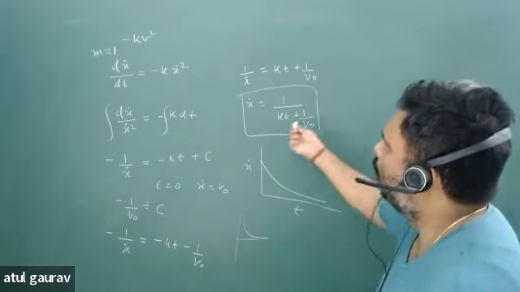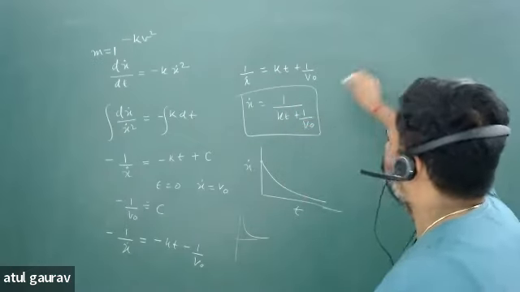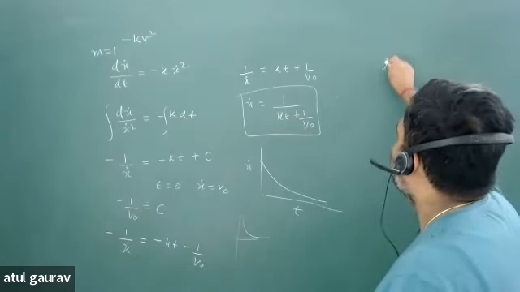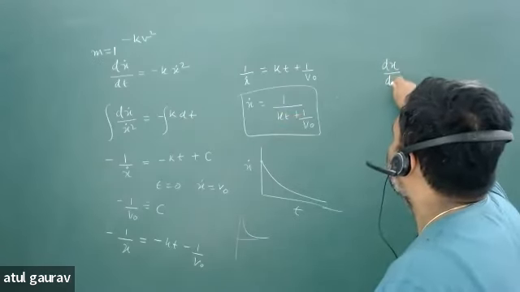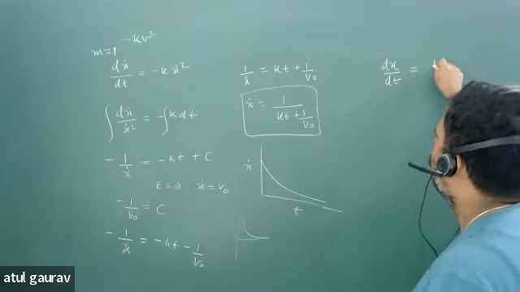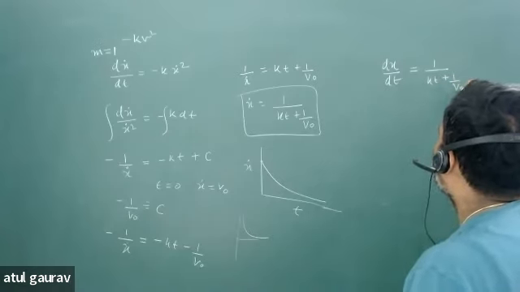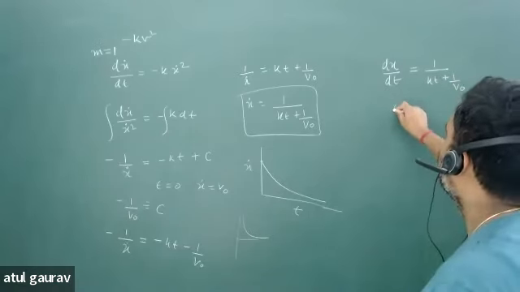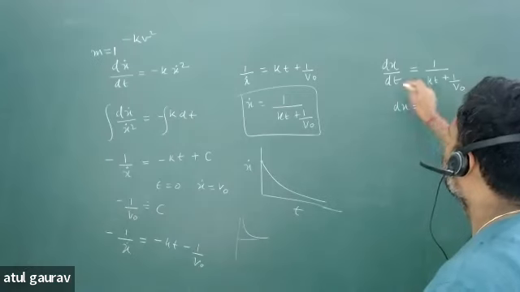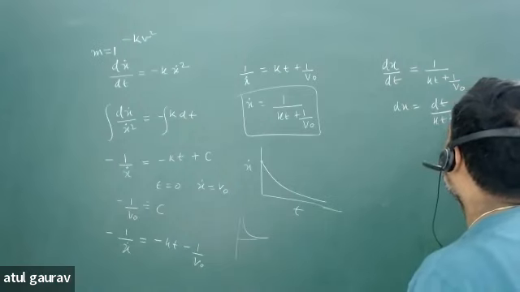Okay. So now we have to just go for dx upon dt. So I just want to calculate dx upon dt also. So dx upon dt is equal to 1 upon kt plus 1 upon v naught. So we have dx is equal to dt upon kt plus 1 upon v naught.